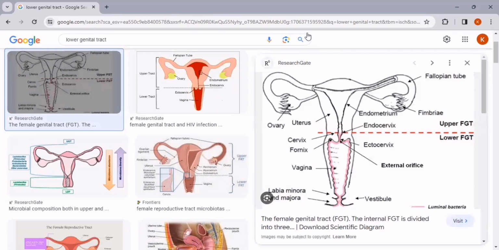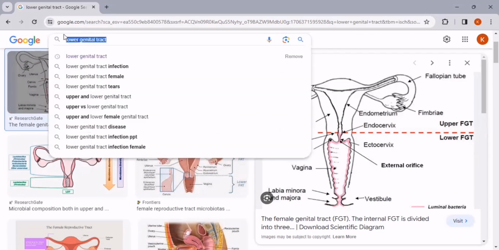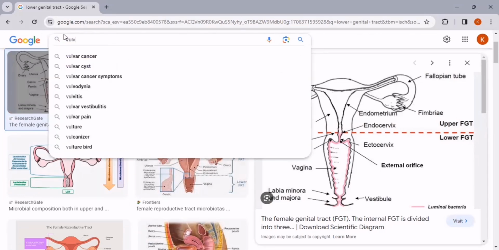Okay, so as you can see, working our way from down up, we have the vulva. The vulva is what you see externally. Let's begin from there.